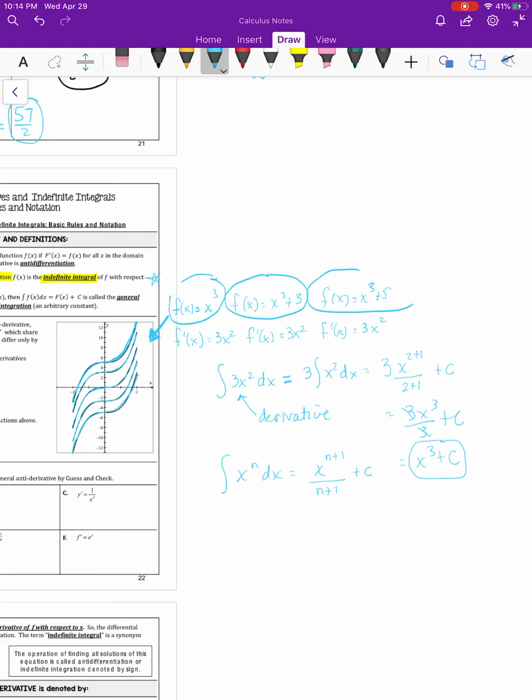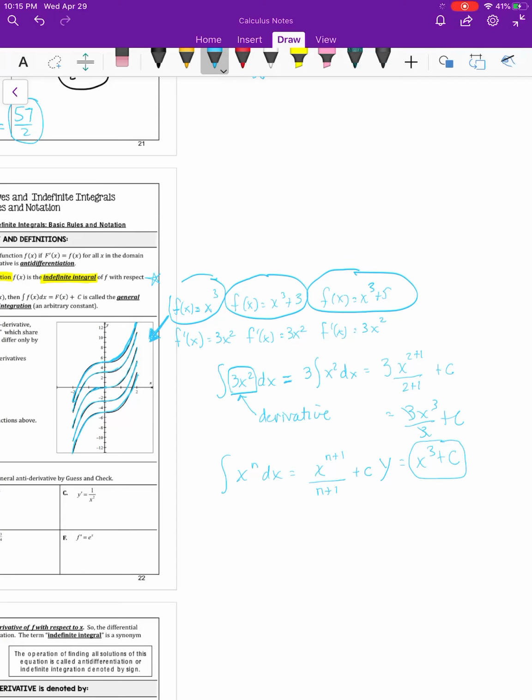So we don't know, was it this one? Was it that one? We don't know. So we say the answer is x cubed plus some constant. Now if they gave me a point, I'd be able to substitute that in.